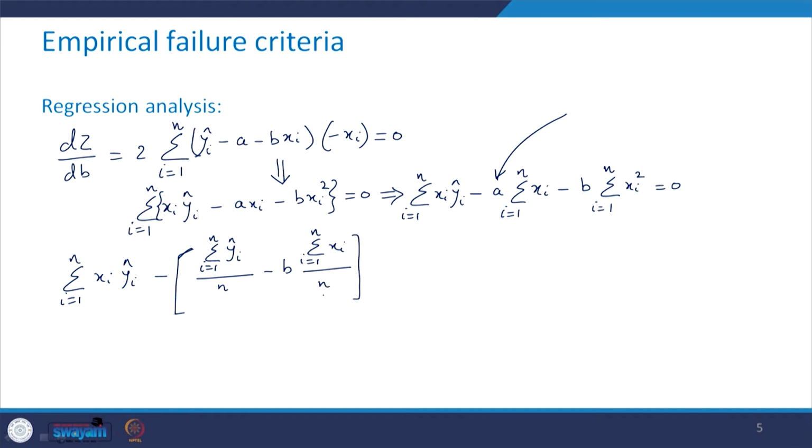This was the expression for a. So, I just substitute it like that here, and then this is summation xi, again the limits for i, minus b summation i equal to 1 to n xi square, that is going to be equal to 0.